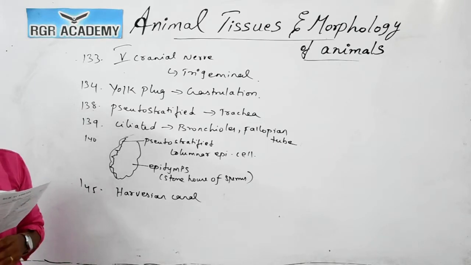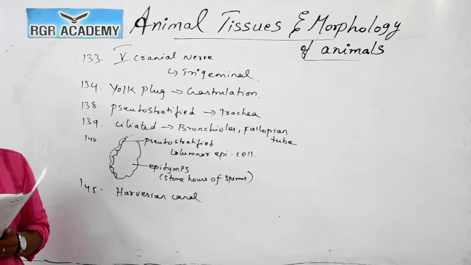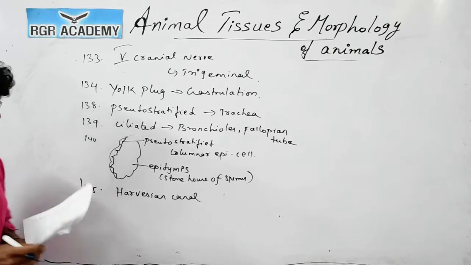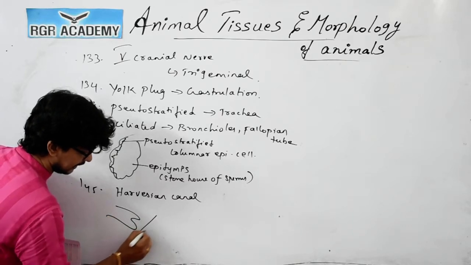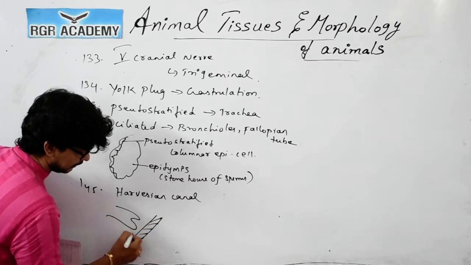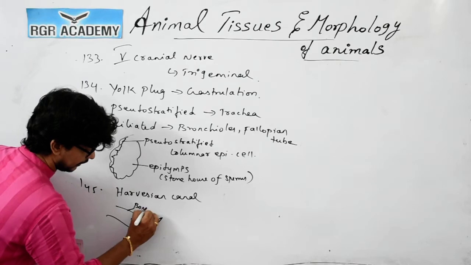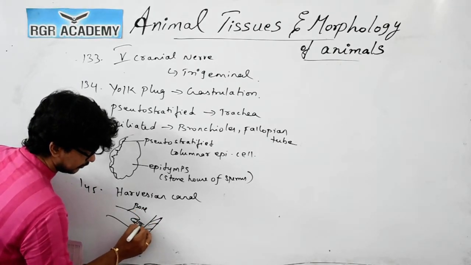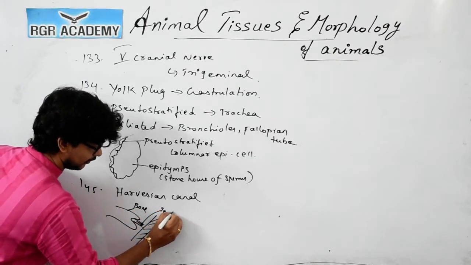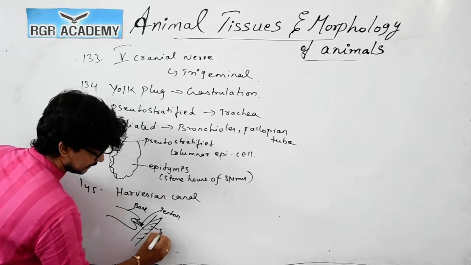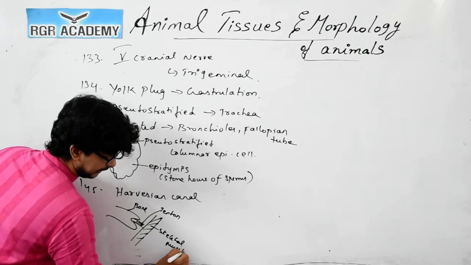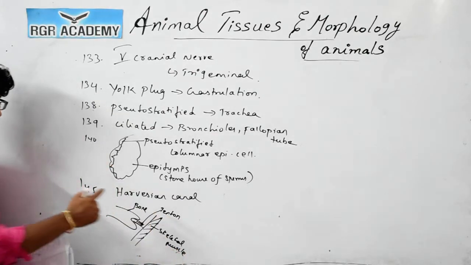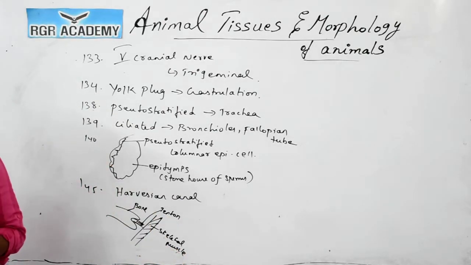Tendons connect skeletal muscles to bone. If this is a bone, and this is your skeletal muscle, in between them we have a tendon, which acts like a bridge. Ligaments join bone to bone.